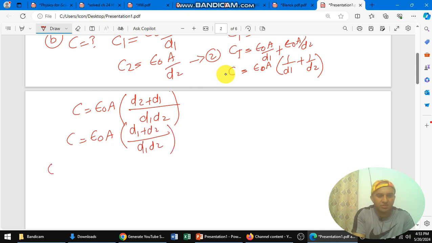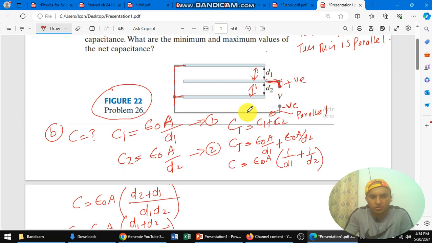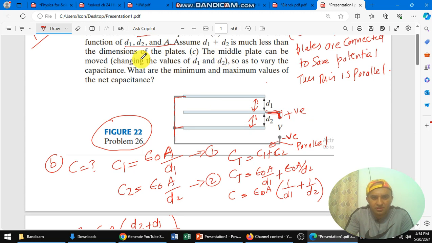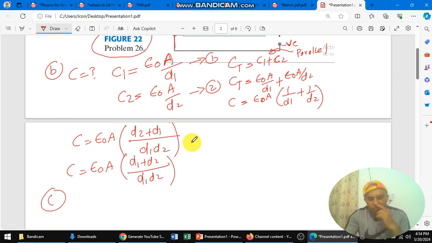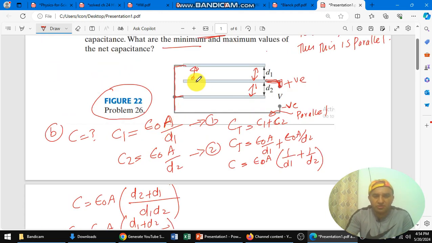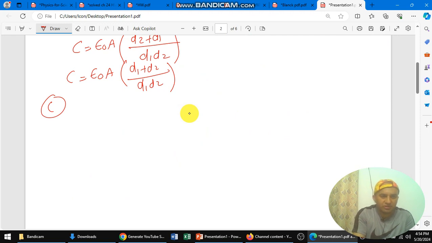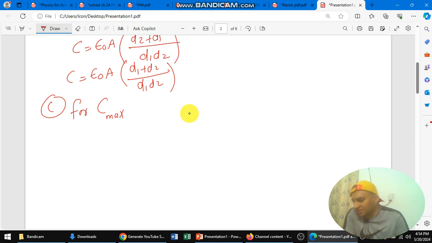Okay, for part C, the middle plate can be moved by changing the values of D1 and D2. What are the minimum and maximum net capacitance? First we find the maximum capacitance. In order to solve for it, let us modify this total capacitance formula.